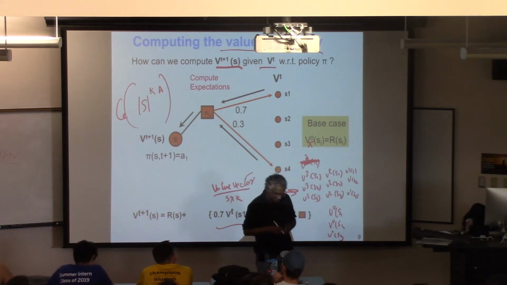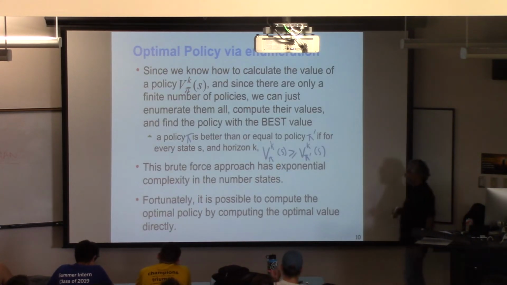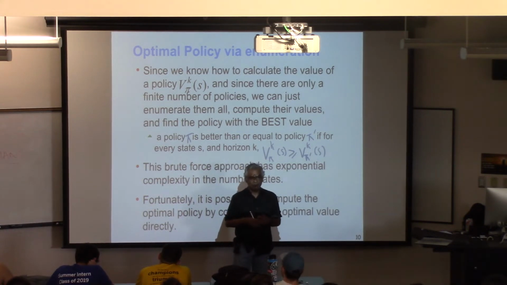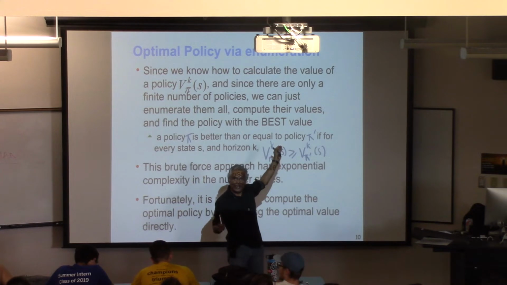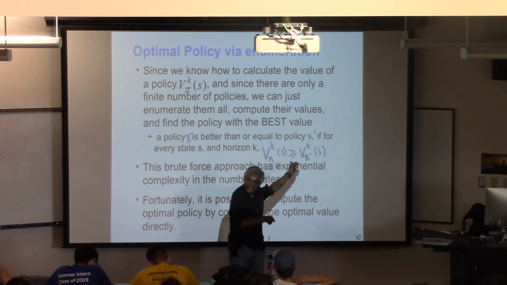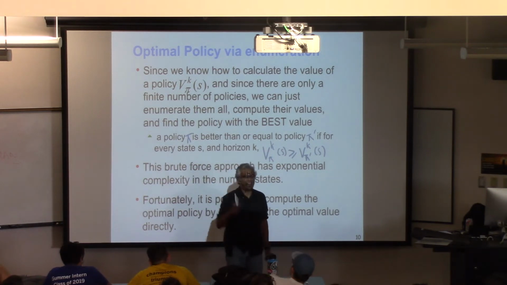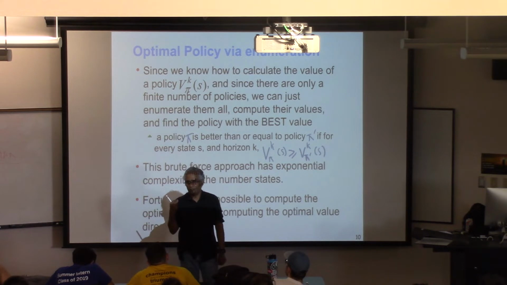This is where we realize that optimal policy and optimal value have this nice connection. In fact, whatever we did earlier about V0, V1, etc., Vk, we can start doing it in terms of V star, which is the optimal value. And you can directly compute the optimal value function.